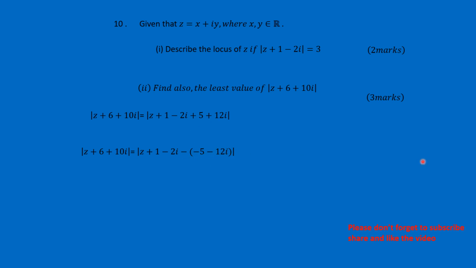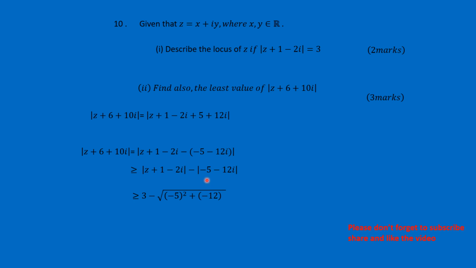After doing that, we now apply the triangle inequality. That will be greater than or equal to the first part minus the second part. This is a standard inequality, which is very easy to quote. Now the modulus of this has been given to be 3, so we just replace it by 3.